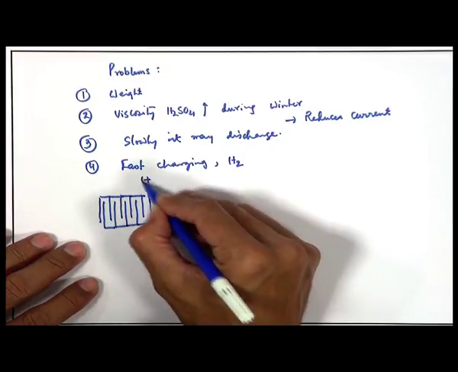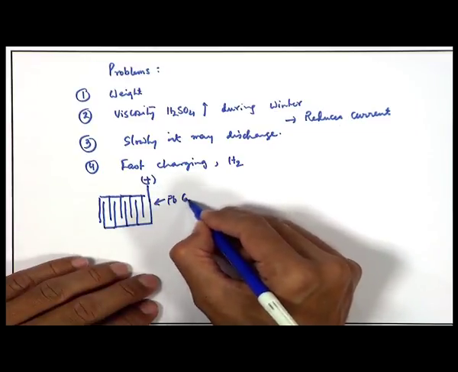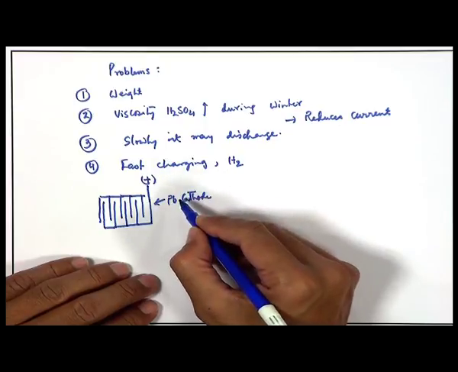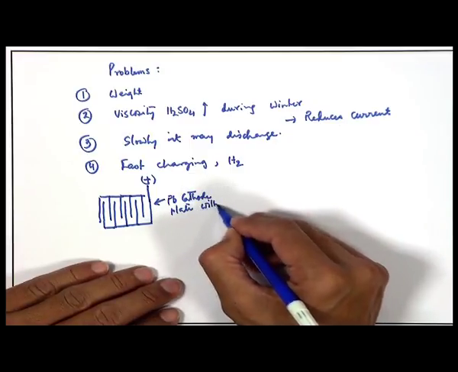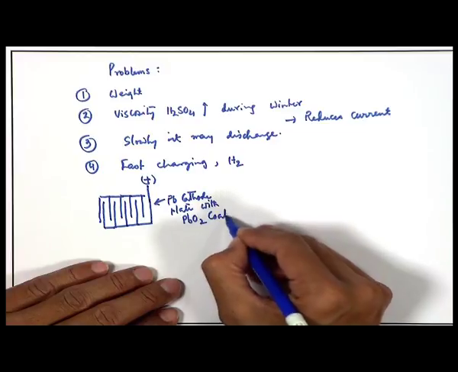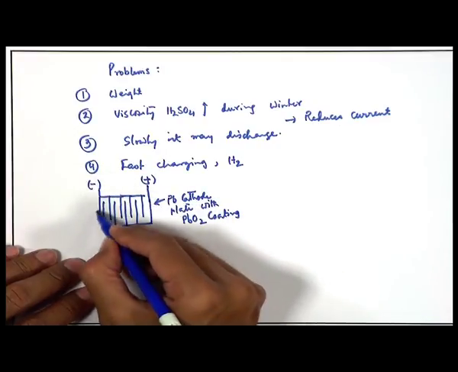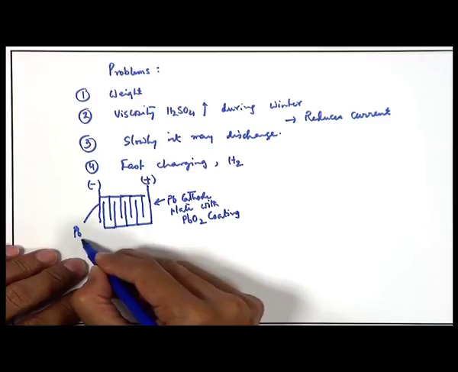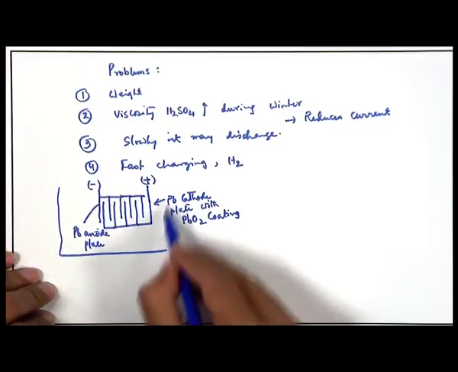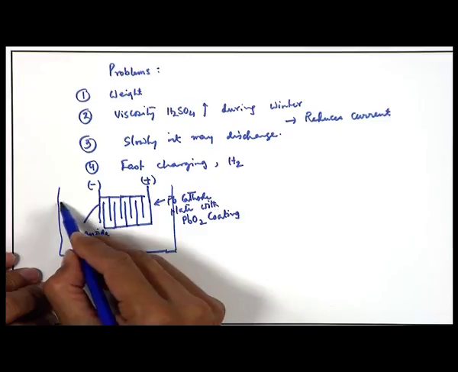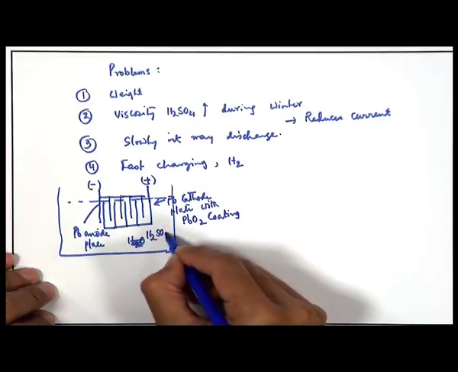So, this is your plus Pb cathode plate with PbO2 coating, and this is basically your Pb anode plate, and the whole thing is immersed in sulfuric acid, H2SO4, with the given specification.